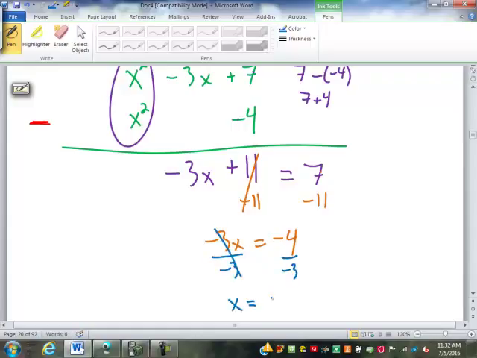So we have x equals negative 4 divided by negative 3. First of all, a negative divided by a negative is positive. 4 over 3 becomes 1 1/3. So x is 1 1/3. Or you could have left it as a positive 4 over 3. Either one. What do you think?